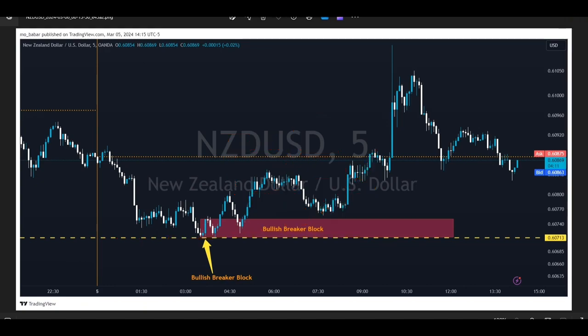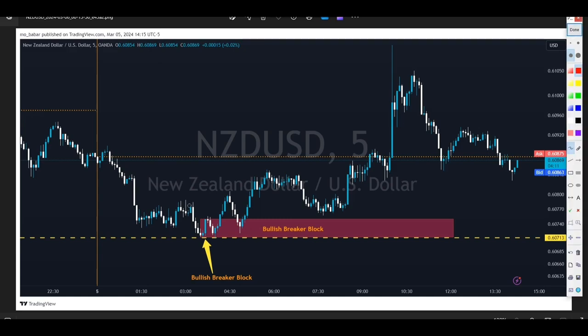Now, what's going to happen is this will start from, let me show you that. There would be a high, low, and then high, and then low. Now this low should take the liquidity of this low.